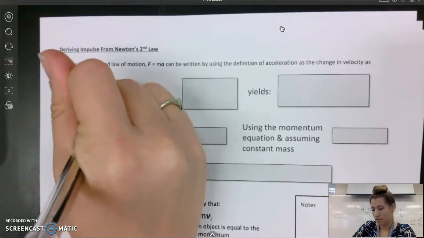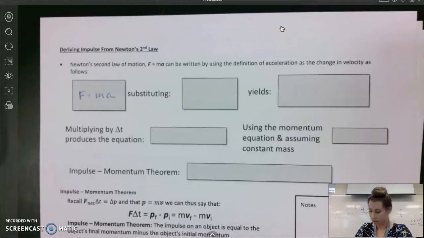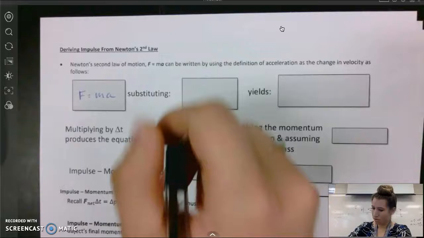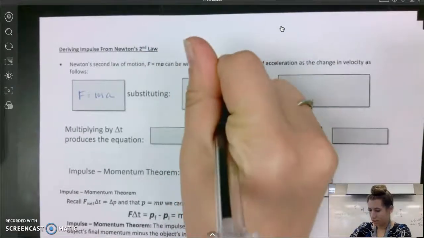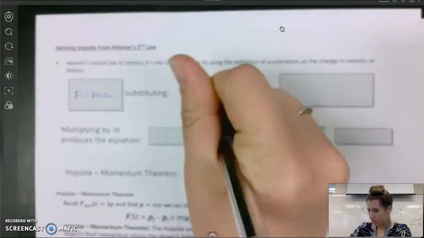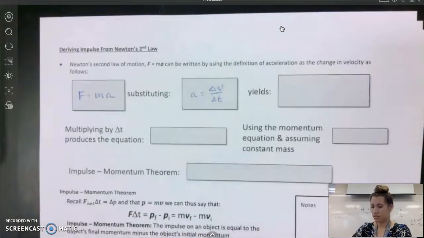F equals ma. Okay, so we have F equals ma, and then we also know that acceleration is a change in velocity over a change in time. That was like unit 1 or unit 2. So acceleration is that delta v, change in velocity, over that change in time.